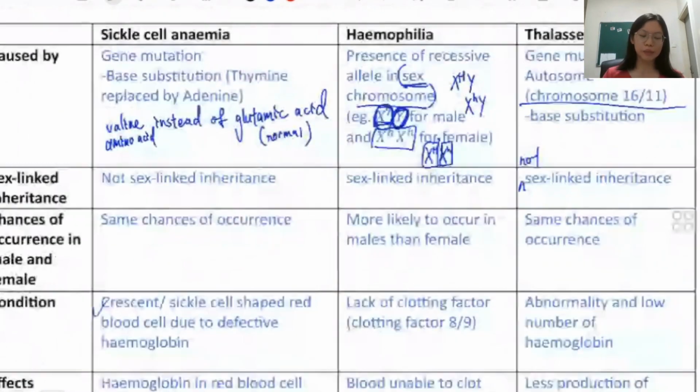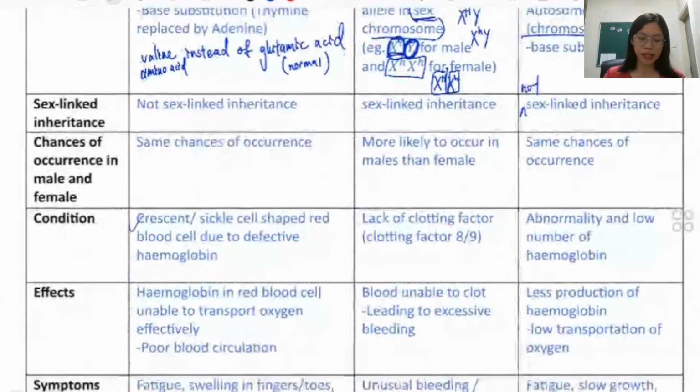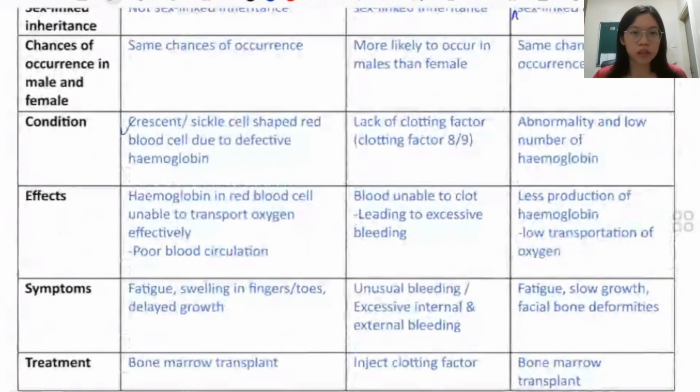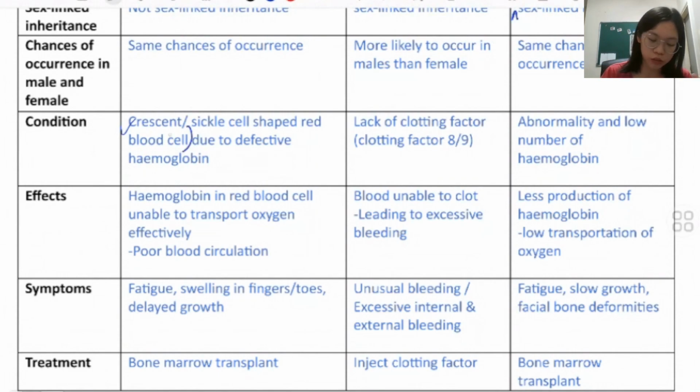Alright? And moving on to the next one is the condition. Sickle cell anemia obviously is sickle cell shaped red blood cell due to defective hemoglobin, because the hemoglobin shape is different, and that's the reason why it affects the shape of the red blood cell. But normally we just remember the crescent shaped red blood cell.